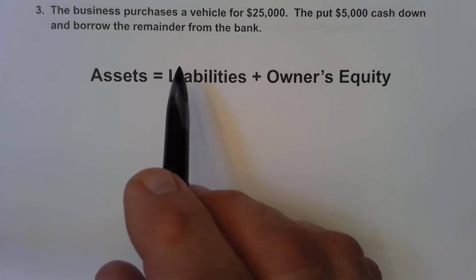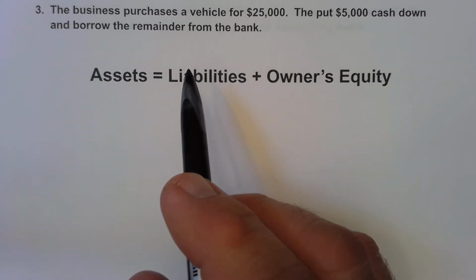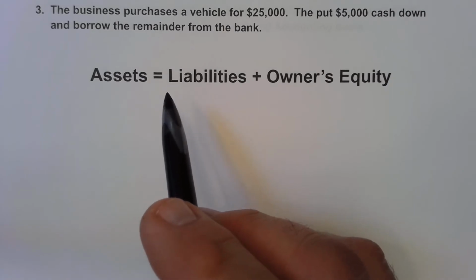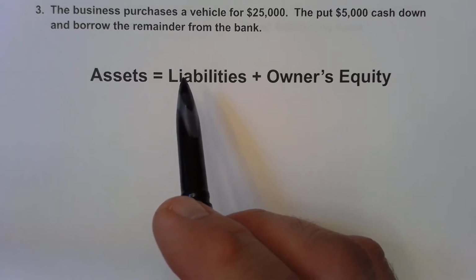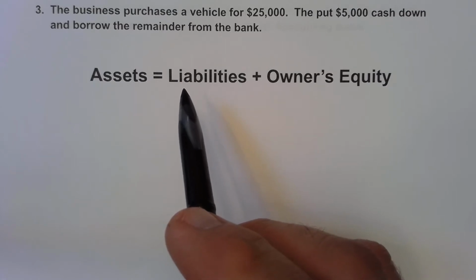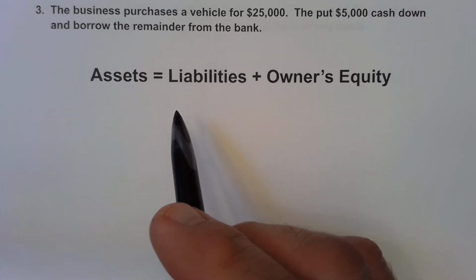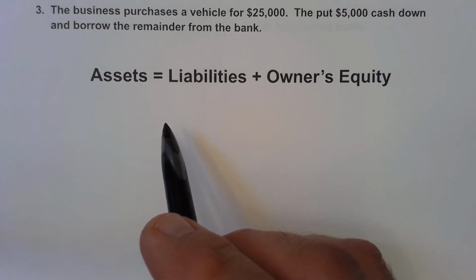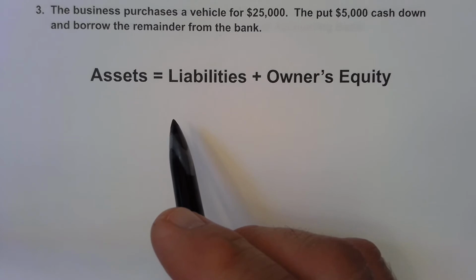In our third example, the company purchases a delivery vehicle using part cash and part a loan from a bank. More specifically, the $25,000 vehicle was purchased by placing $5,000 cash down and borrowing the remainder from the bank.